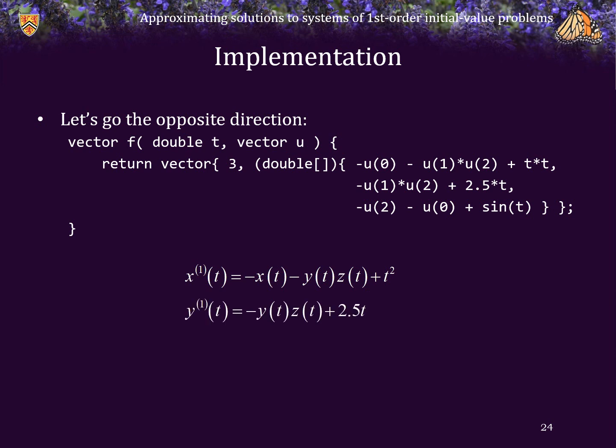The second is the derivative of y of t is negative y of t times z of t, for we have u1 and u2, plus 2.5 times t. And finally, the third is the derivative of z with respect to t is negative z of t minus x of t plus sine of t.